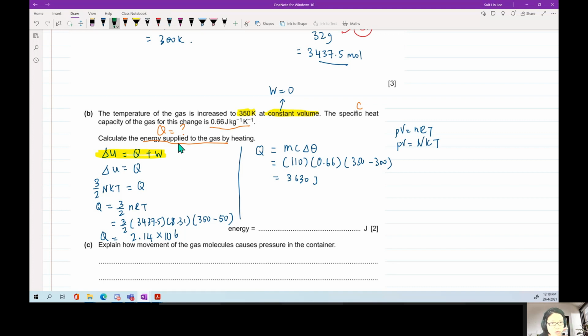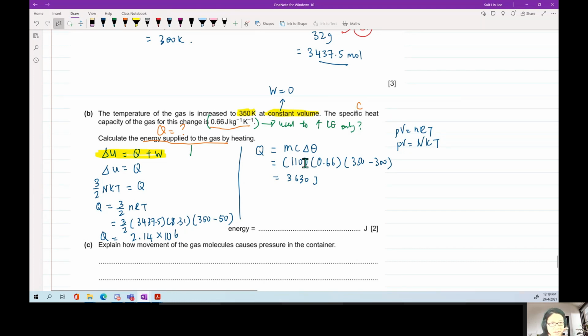So it is unknown whether all of this is used to increase KE only. Is there state change? Don't know. It may seem that there is none, but there is not enough information. So always double check and default to the simpler one, which is this one. Because sometimes when CIE set questions, you have to think from the perspective of the examiner. What information are they giving you? And what are they trying to confirm or deny?